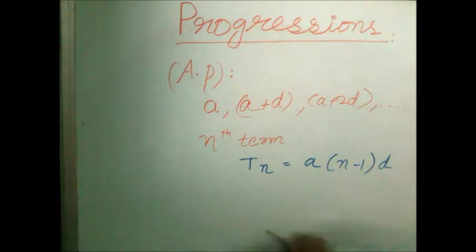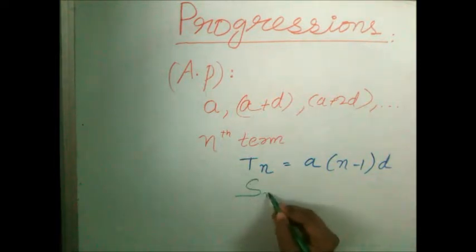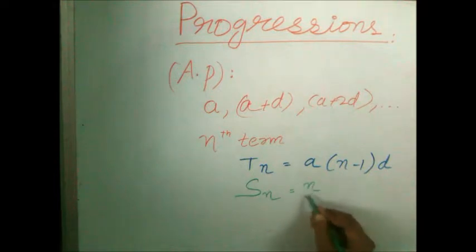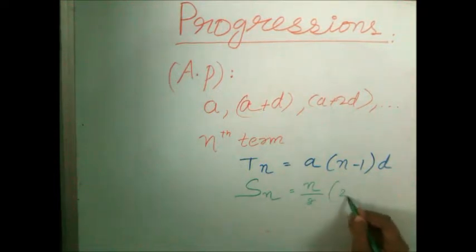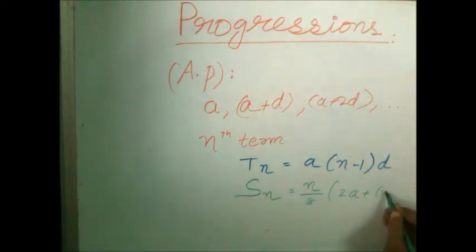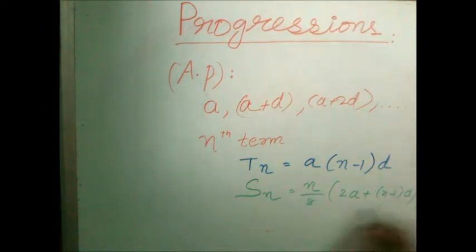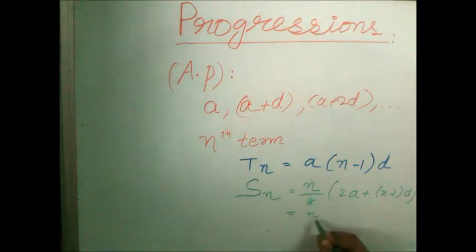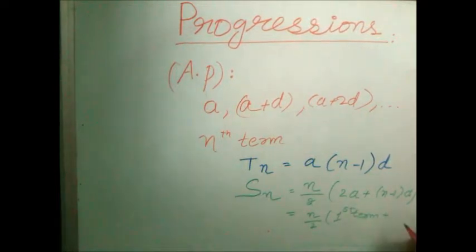So the sum of the whole terms is Sn equals n by 2 into 2a plus n minus 1 into d, which equals n by 2 into first term plus last term.